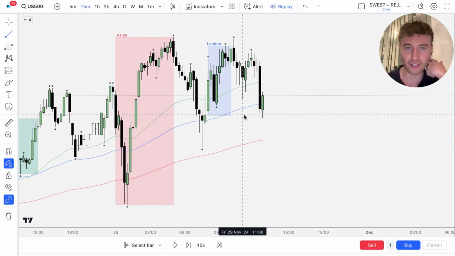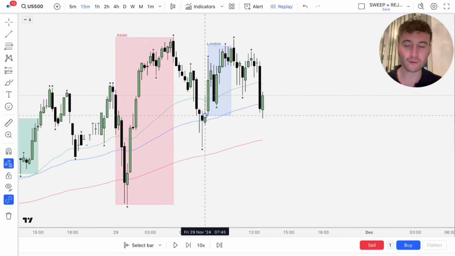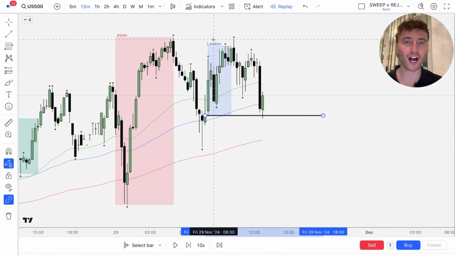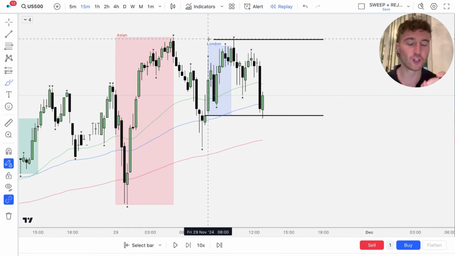What you can see here is the London session low right here, and the London session high right here. So we've identified this is our accumulation, which is step number one of the Power of Three.